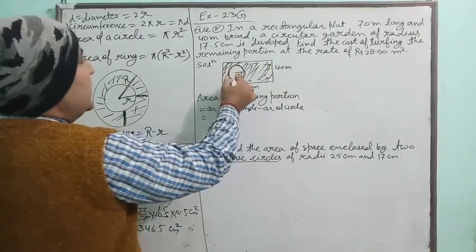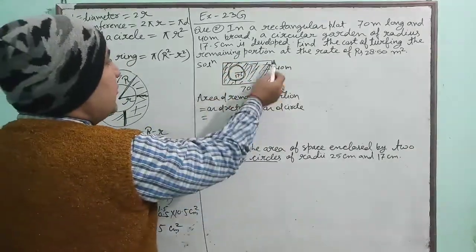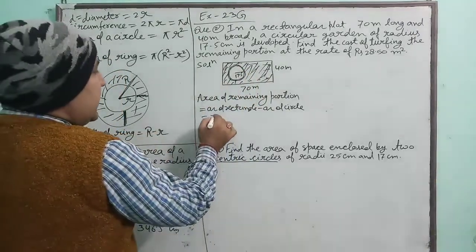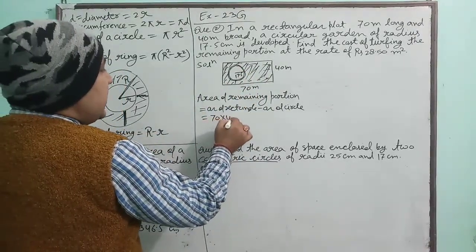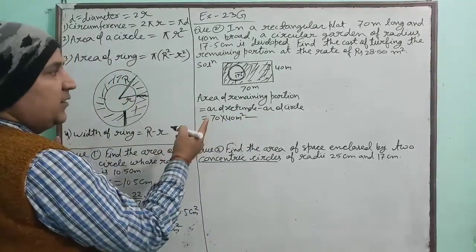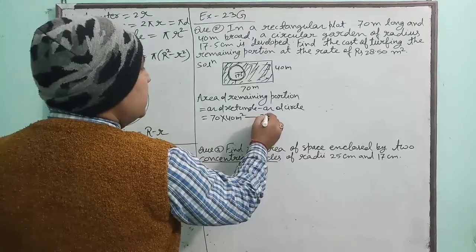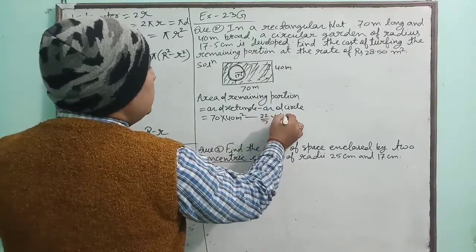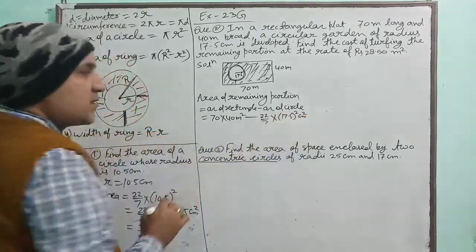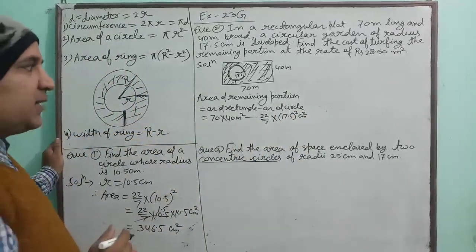And how will we find the remaining portion? Area of the rectangle minus area of the circle. Area of rectangle is 70 into 40 meter square, length into breadth. Area of circle is pi into radius square. Now solve and get your answer here.